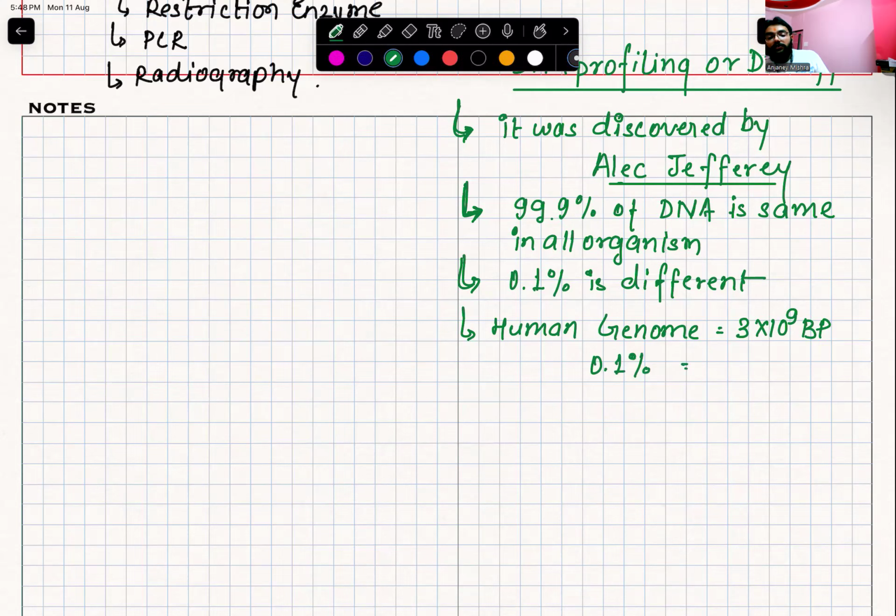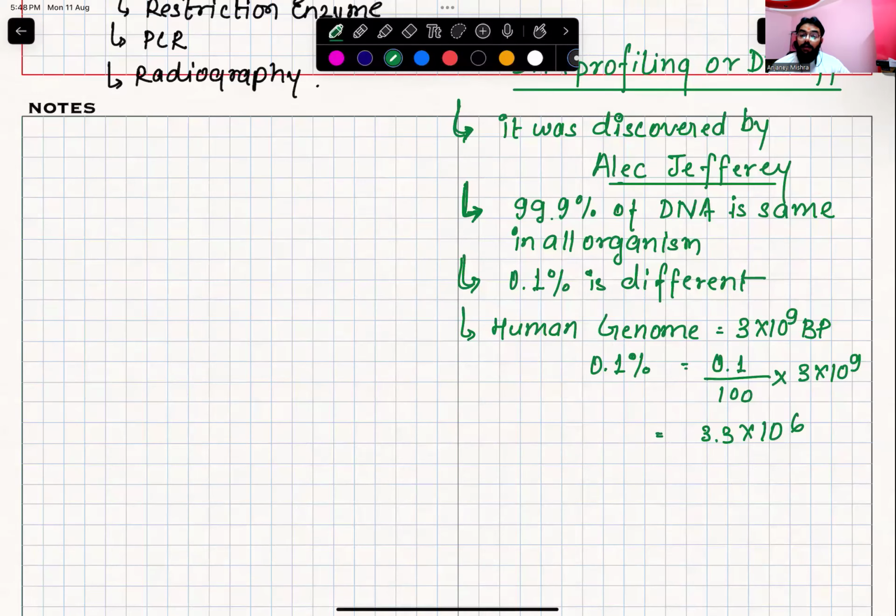What is 0.1%? 0.1 by 100. 0.1% of 3 into 10 to the power 9 comes out to be 3.3 into 10 to the power 6. Clear? So the whole study is going to be on this particular 3.3 into 10 to the power 6 base pairs. Is that fine?